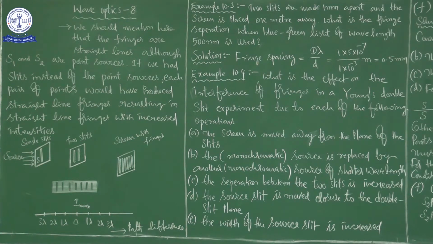So when S2P minus S1P is constant, then the locus of the arbitrary point P lying in the xy plane gives the shape of the interference pattern as hyperbola. Thus the fringe pattern will strictly be a hyperbola.